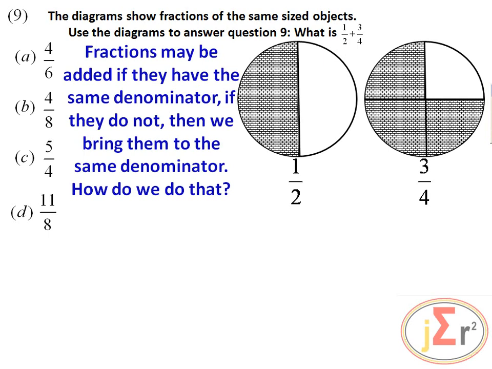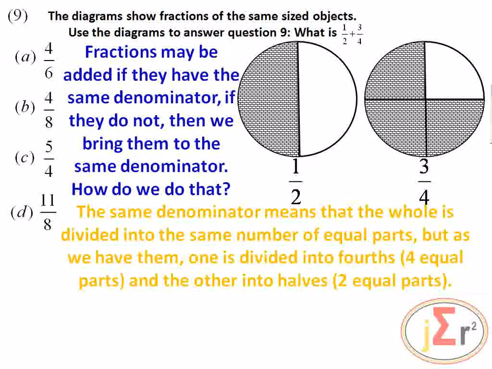But on this occasion, the denominators are different. The same denominator means that the whole is divided into the same number of equal parts. But as we have them, one is divided into fourths, 4 equal parts, and the other into halves, 2 equal parts.